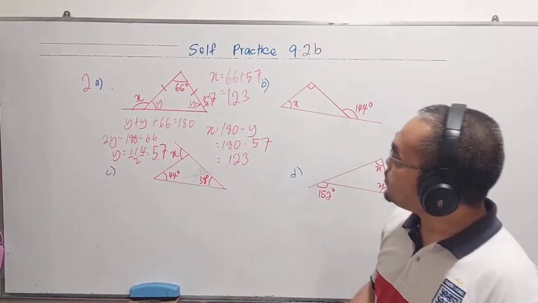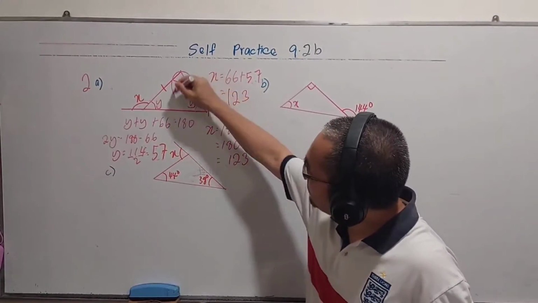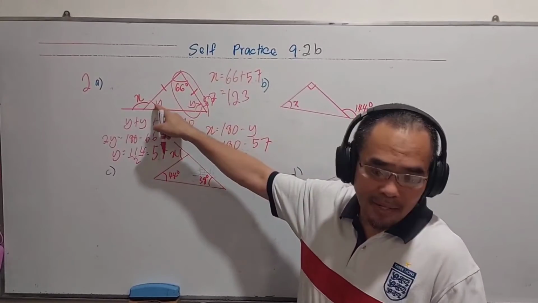Okay, there are two ways to get x. Either you add these two or 180 minus this part.